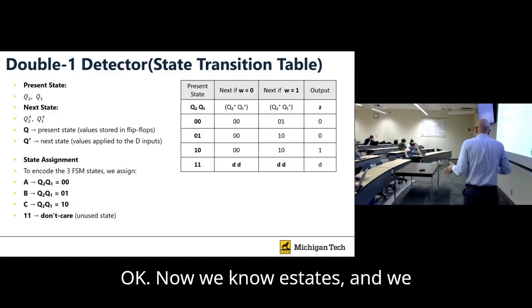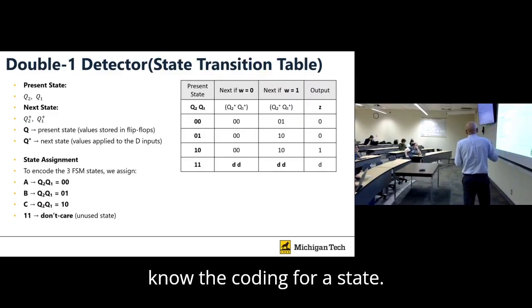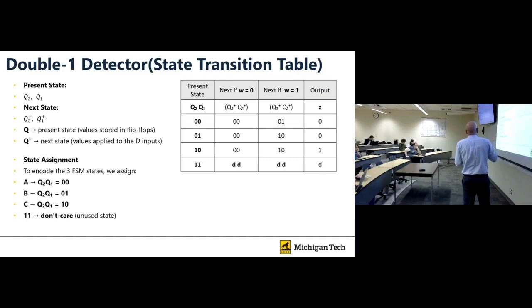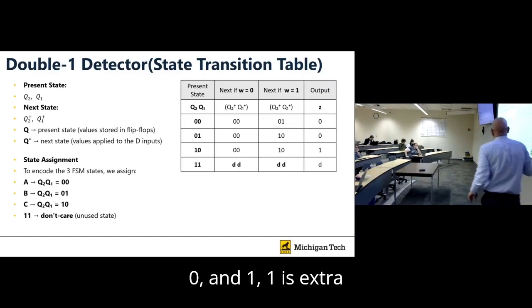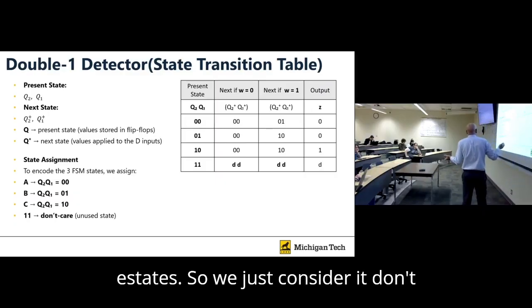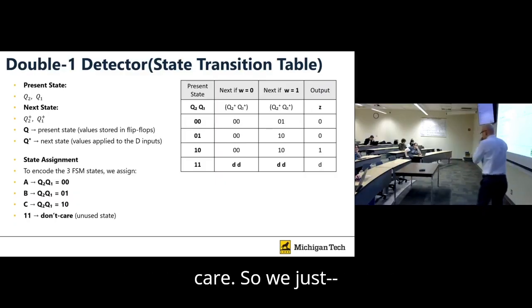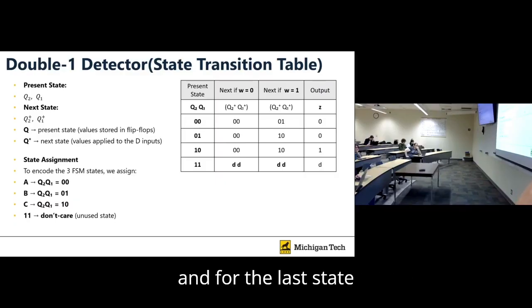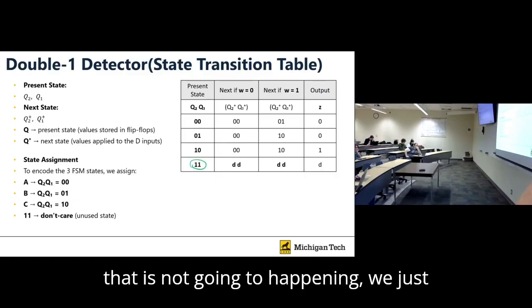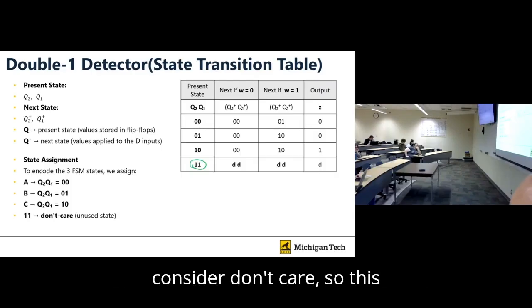Okay, now we know the states, and we know the coding for them: 0 0, 0 1, and 1 0, and 1 1 is an extra state. So we just consider it don't care. We change A, B, C to these numbers, and for the last state that is not going to happen, we consider don't care.